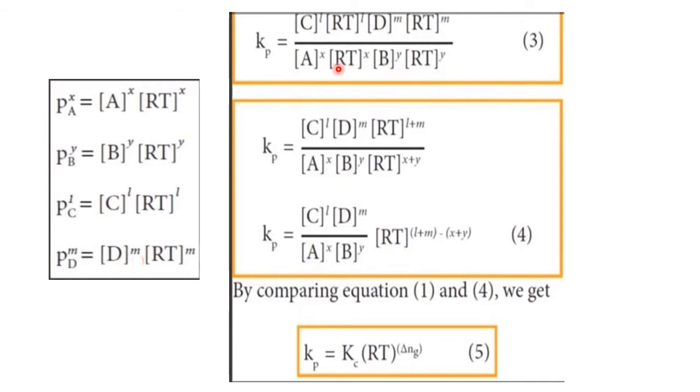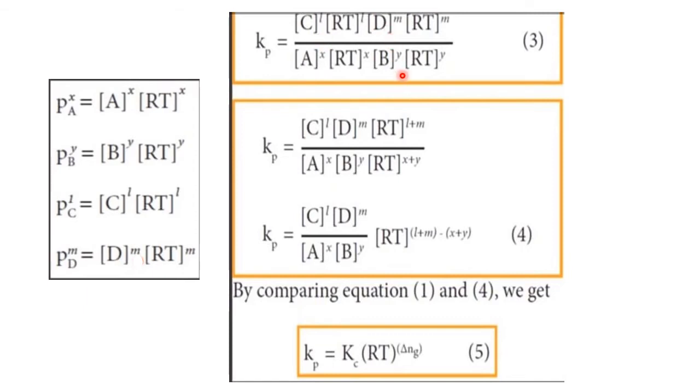Are you following how to get this Kp? Because we already know that Kp is equal to partial pressure of C power L into partial pressure of D power M divided by partial pressure of A into partial pressure of B. So instead of the partial pressures you have to substitute the concentration terms. That is the third equation. Then here, what are the common terms?